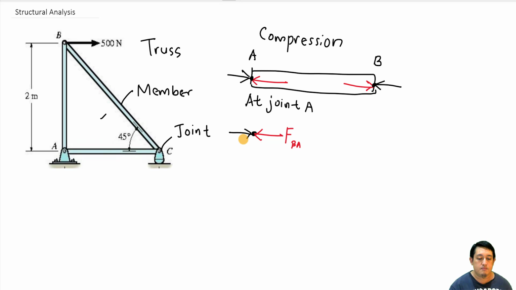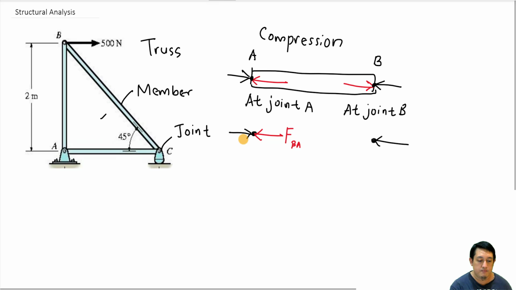So what about at joint B? At joint B, we will have an external force, and we will also have a reaction force.